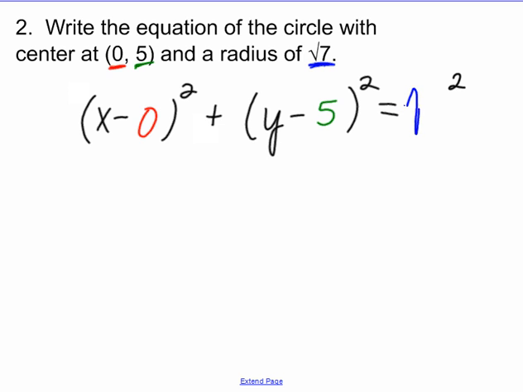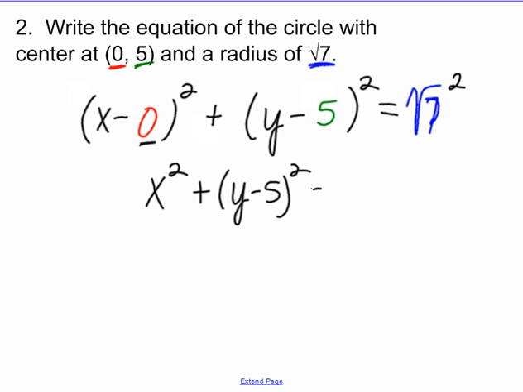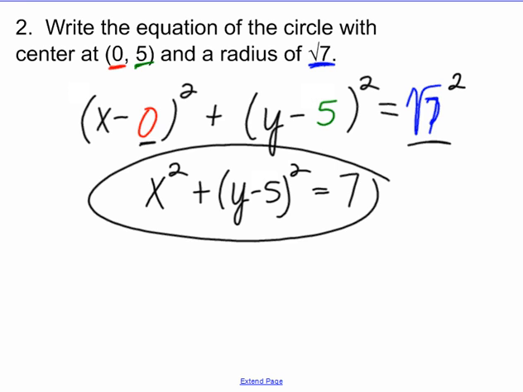We've got radical 7 here. So if we simplify this out, we are going to get x squared, because we're subtracting 0, plus y minus 5 quantity squared. And when we square a radical, we end up with 7. So that's the equation for another circle.